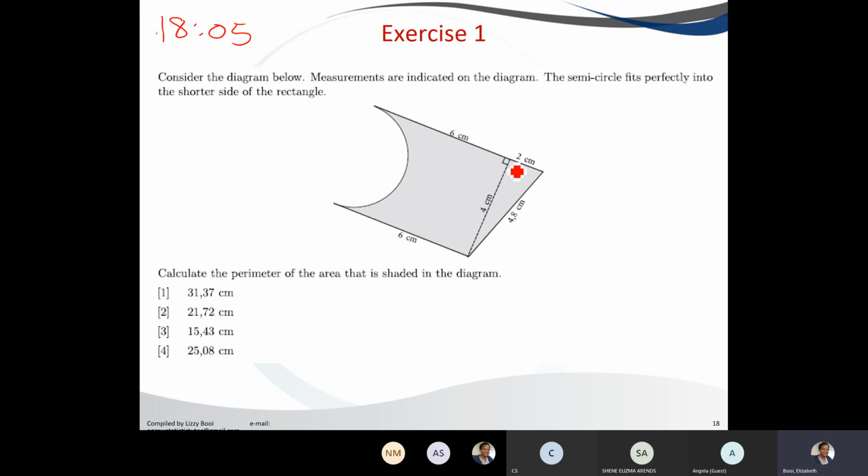And by using the 4 centimeter, which tells us from here to here, we can determine the radius of this shape, or the diameter of this shape will be 4 centimeter.